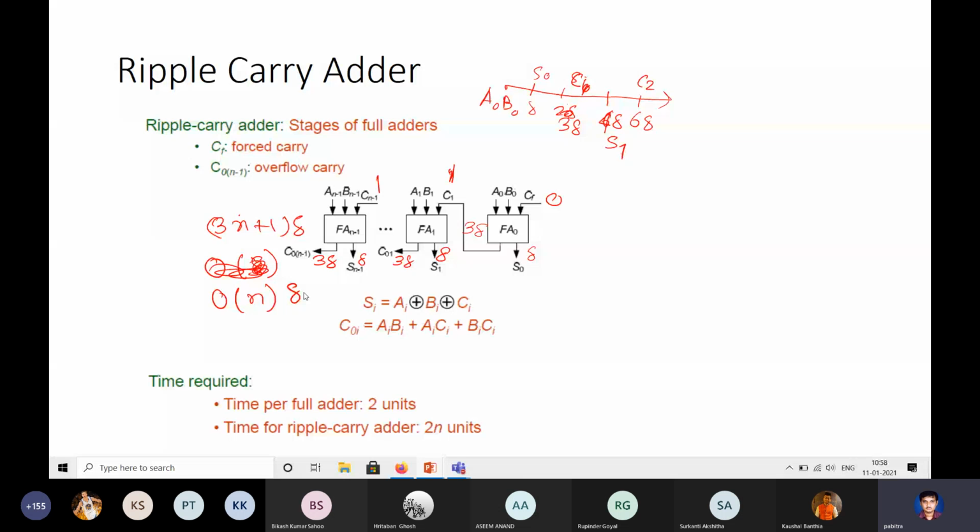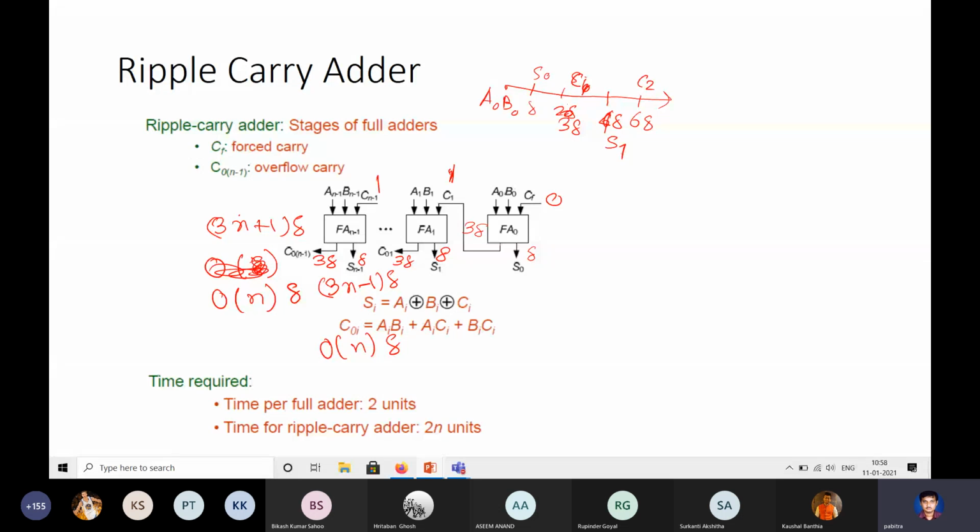The final result Sn minus 1 will come at 3n minus 1 delta. You can check that. So the final Sn minus 1 also comes at order n delta. So even though this is a simple circuit, if n is large, the delay will also be large.